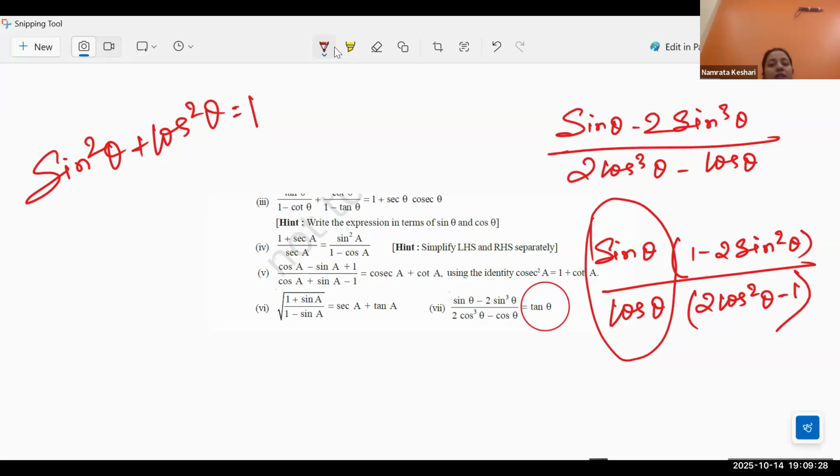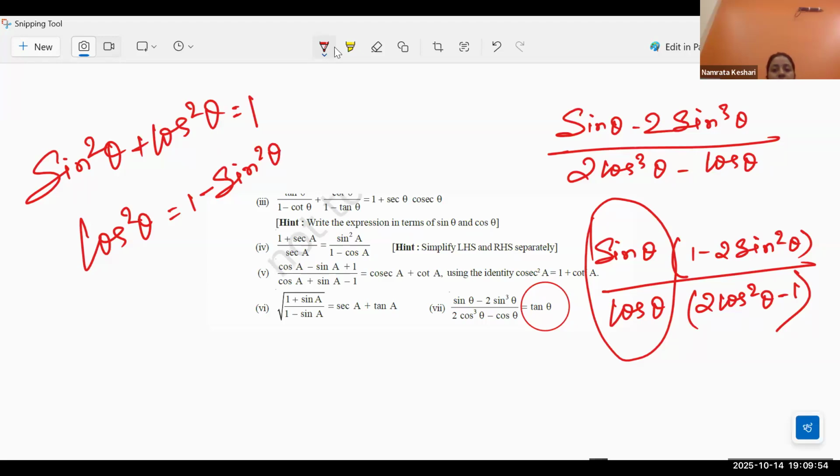So if you want to maintain the numerator or the denominator, let's maintain the denominator. In the denominator I don't want cos, I want to convert it in terms of sine. So this cos square theta, I'm going to write as 1 minus sine square theta. Is it making sense?